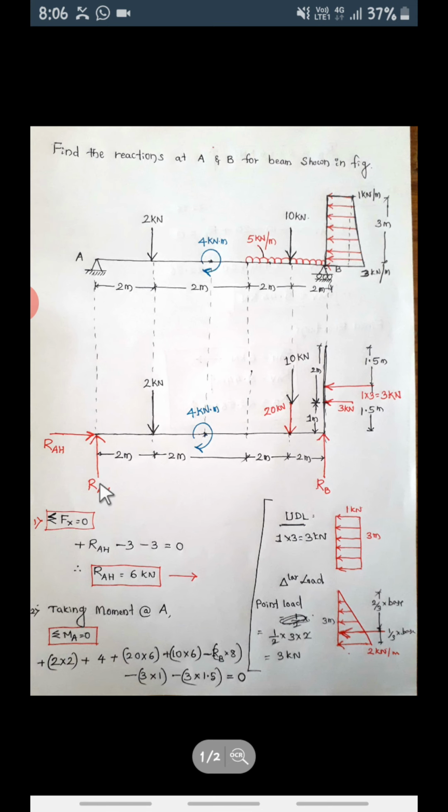Count 1, 2, 3, 4, 5. These are horizontal forces, so don't consider them. So this is plus RAV upward, minus 2, minus 20, minus 10, plus RB.